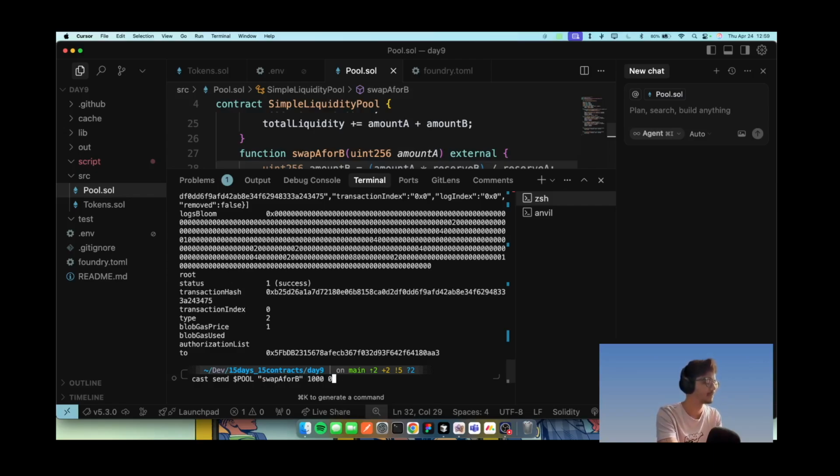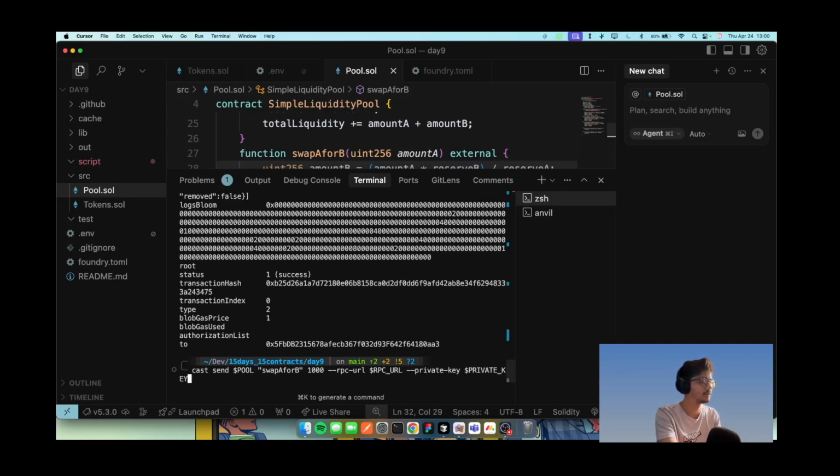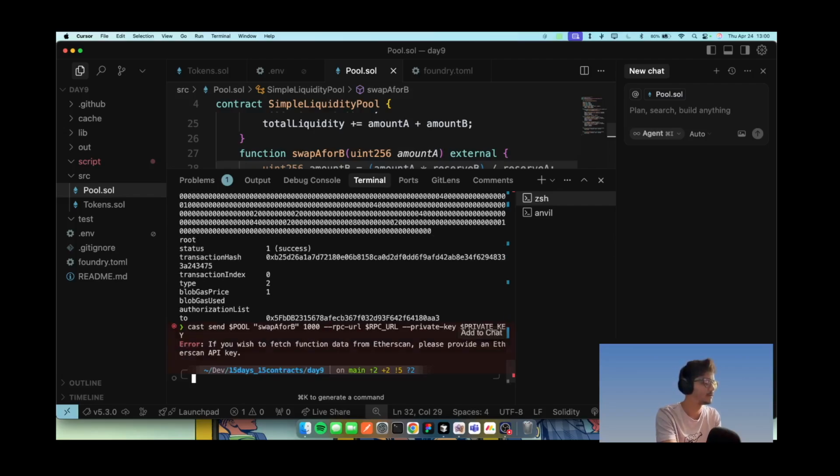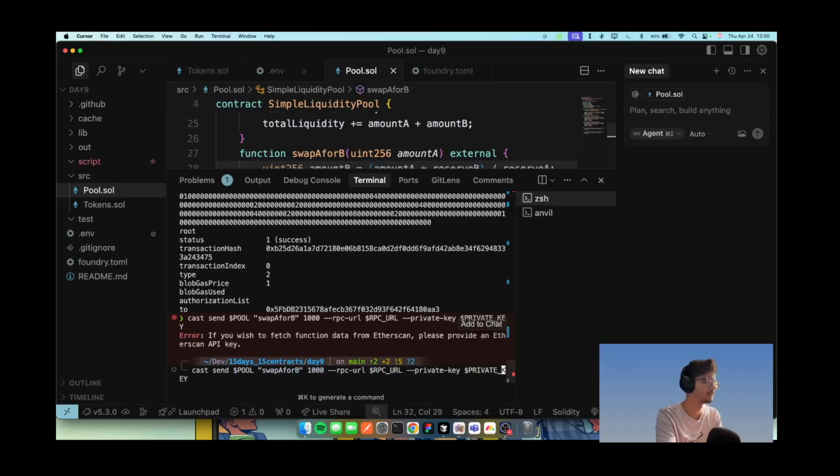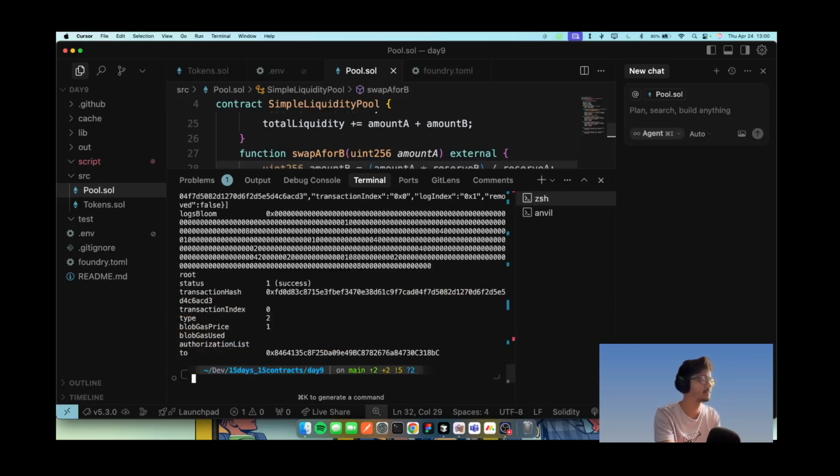Then we call the RPC URL and $RPC_URL, private key. What's the problem here? Oh, sorry guys, it takes a uint256, and let's send this transaction.